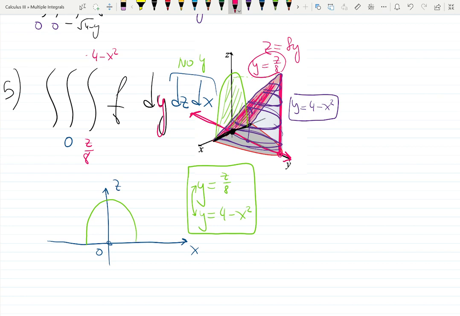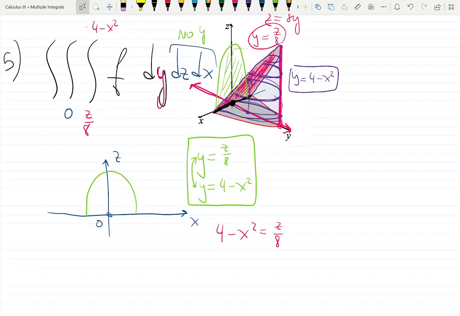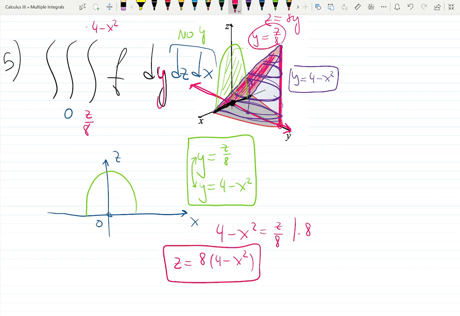It's going to be 4 minus x squared equals z over 8. Boom, no y. This is an object that is located on the xz plane. Multiply by 8 and you will have 8 times 4 minus x squared equals z. Well, that's not a nice way to write it down. Z equals, that is a concave down parabola.